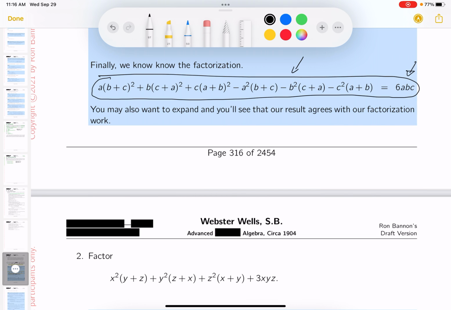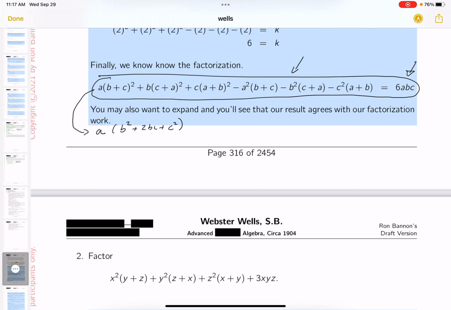You could expand this guy. And not that I want to do it for you, but you could. Let me write that down for you. What would you get? a, and it's going to be a nightmare for me, b squared plus 2bc plus c squared. Let me put the next one down. b, c squared plus 2ac.